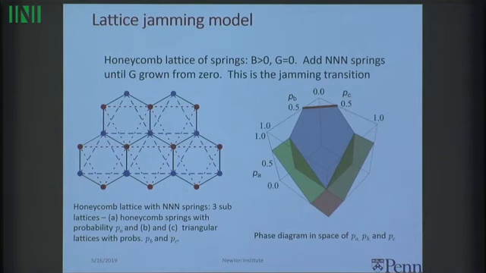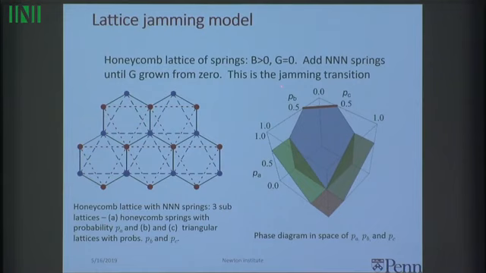But there still is a rigidity transition, which occurs when the shear modulus becomes non-zero. So at PA equals 1, this is the line which separates B non-zero and G 0 from B non-zero and G non-zero growing. So all of this region up there.